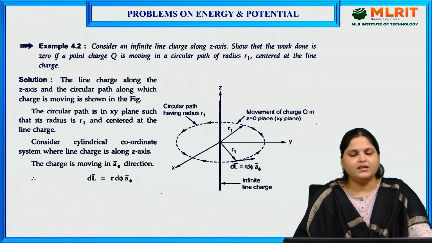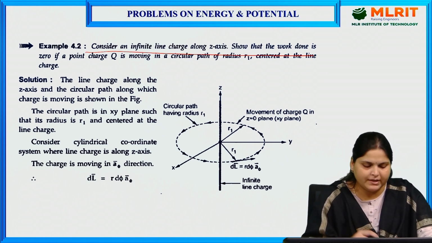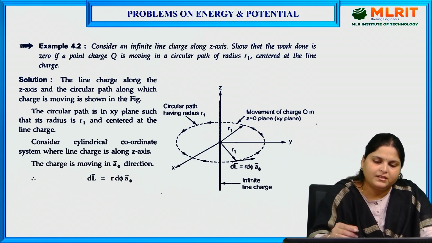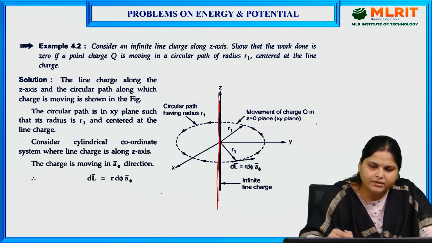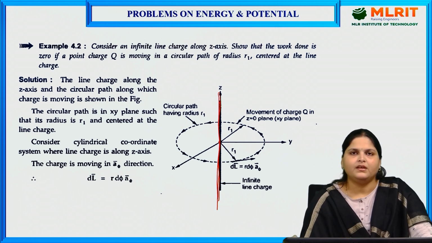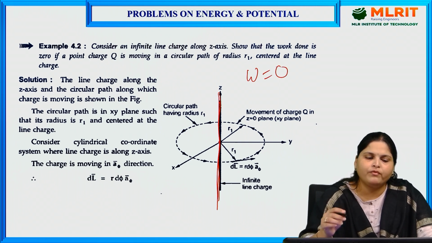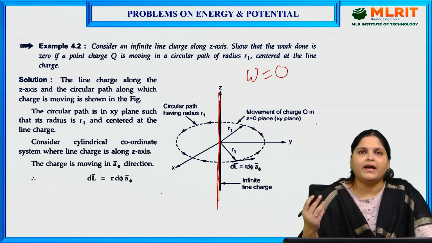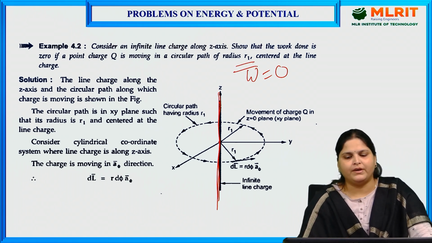I'll go through the question again. We can simplify this: there is an infinite length line charge along the z-axis, and we have to show that the work done is 0 in moving a point charge along a circular path whose radius is r1.